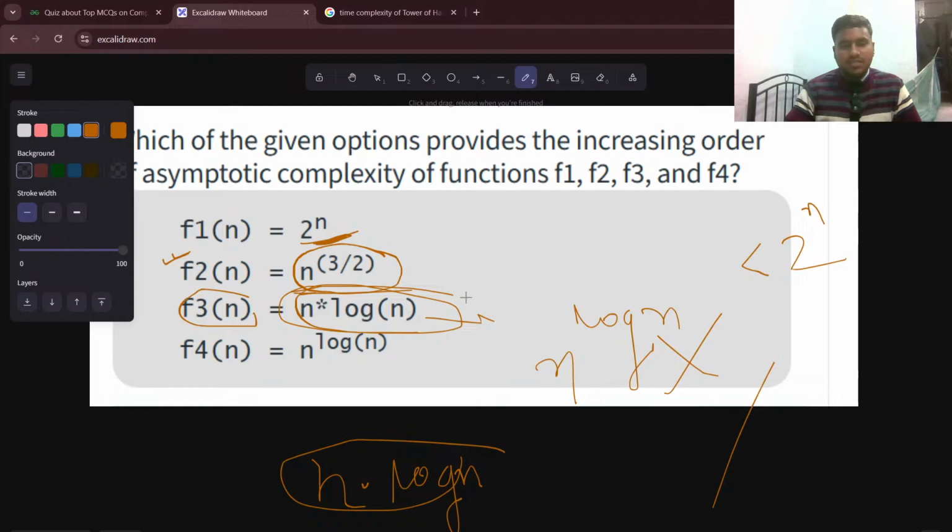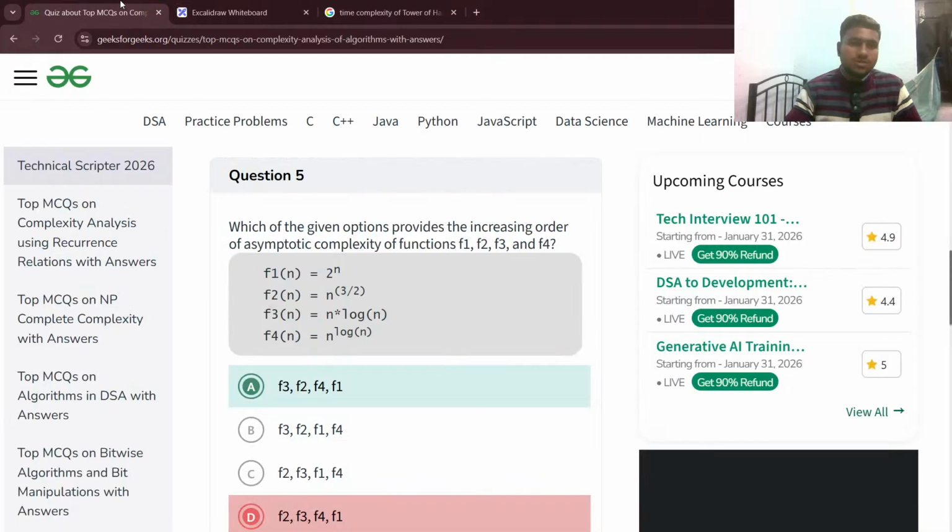That is the biggest problem. So basically, F3 is the lowest among all, then F2, then F4, then F1. So 3, 2, 4, 1. This is the correct order, and I marked the wrong answer as correct. That is my fault.